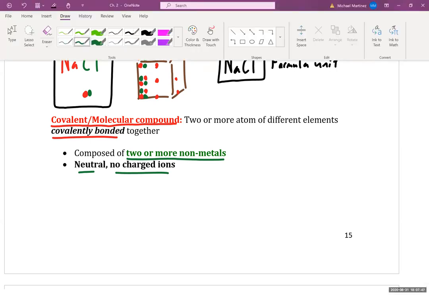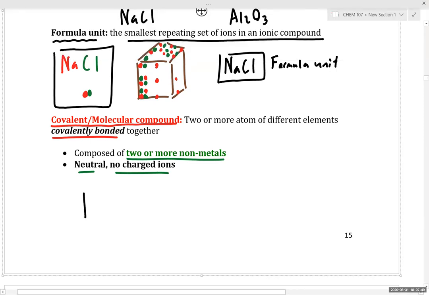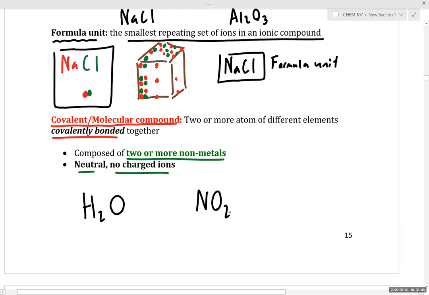So examples of a covalent or molecular compound: one example would be water, H2O. Another example would be nitrogen dioxide, or NO2. In either case, we have two or more atoms of different elements bonded together, and each of our elements is a nonmetal.